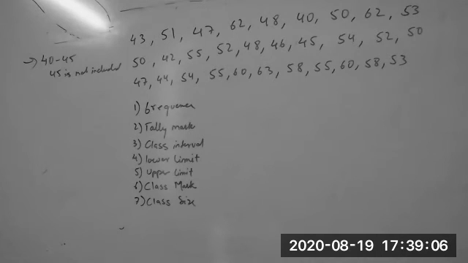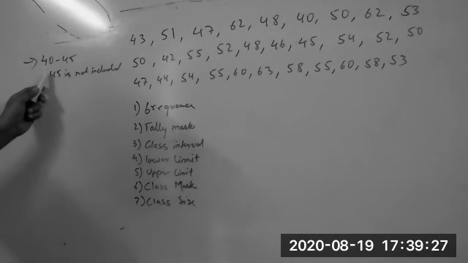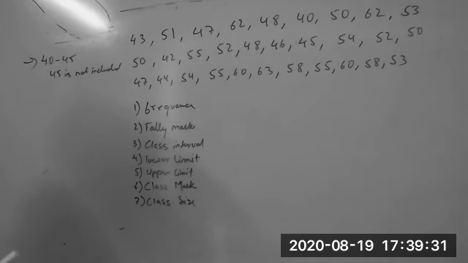In the 40 to 45 class interval, 45 is the upper limit, and 40 is the lower limit. Upper limit minus lower limit, that is 45 minus 40, will be the class size.